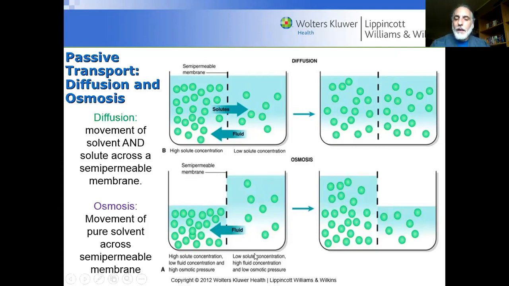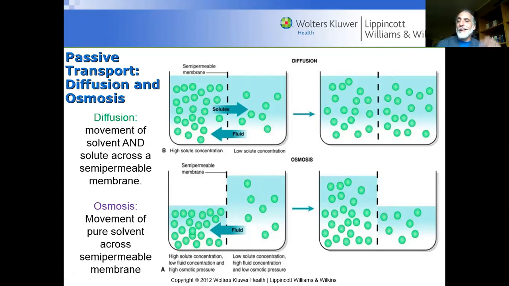With an osmotic membrane, the solvent moves across until the concentrations of solvent to solute on each side of that membrane are equal.